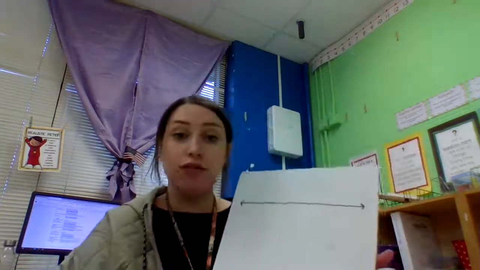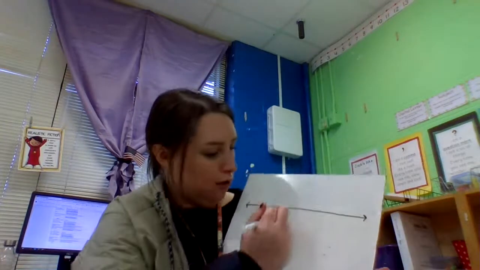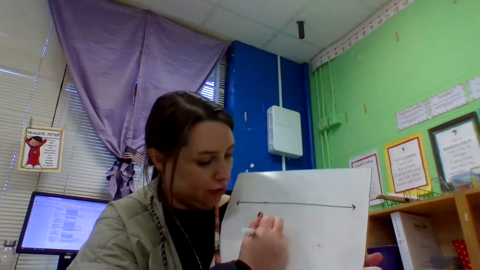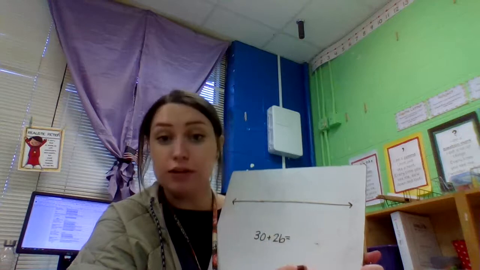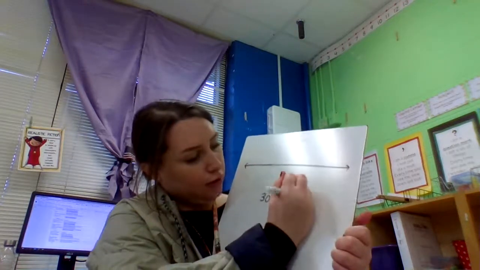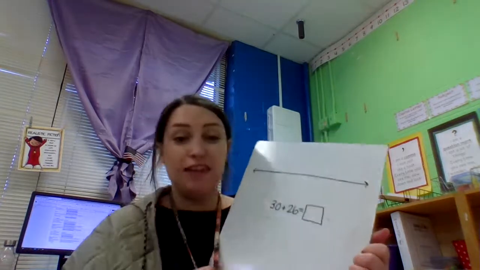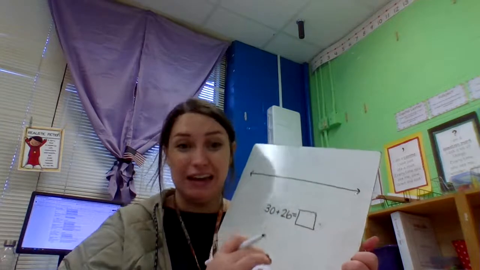I'm going to solve 30 plus 26. I'll write it down here so that we don't forget. 30 plus 26 equals something. Equals whatever is in this magic box. And then we'll take this part and we'll plug it in to our other one. Okay? So we'll plug it in just a minute.